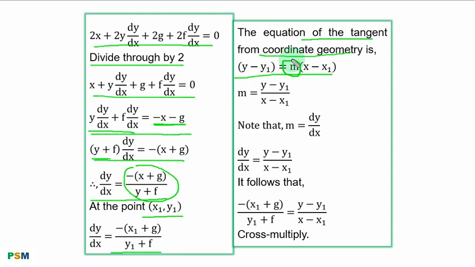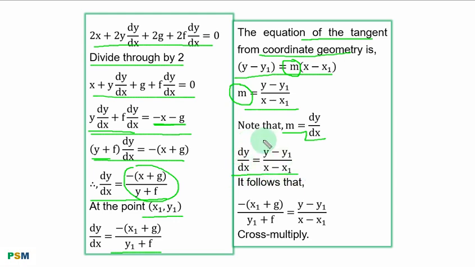If you make m to stand alone, you have this result. Note that m is the same as the gradient function, that is dy/ds. It simply means that you come here and replace m with dy/ds. You equate it to the right hand side. You have it in this form.